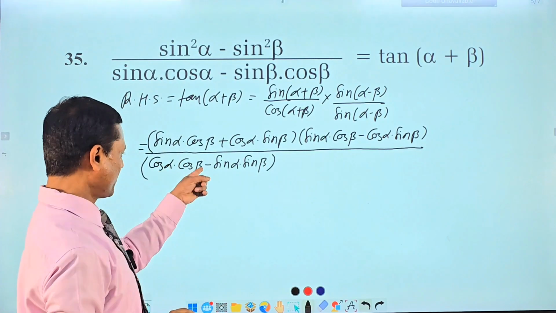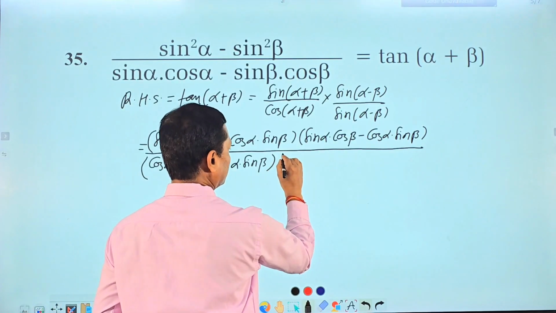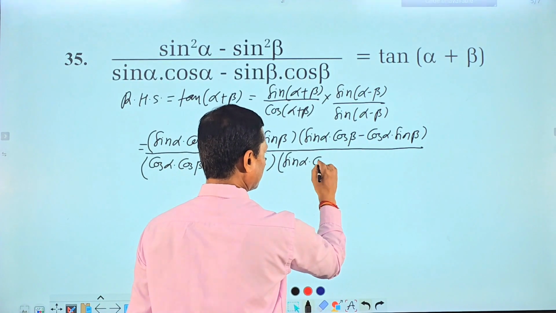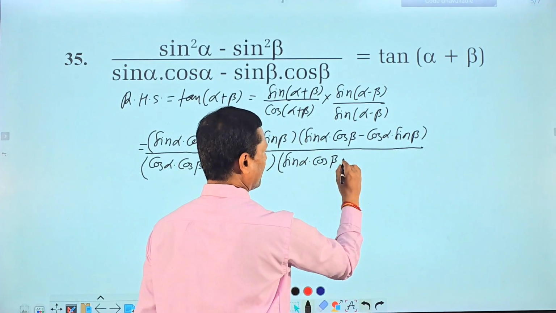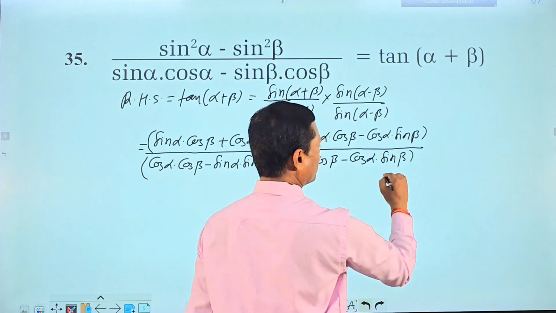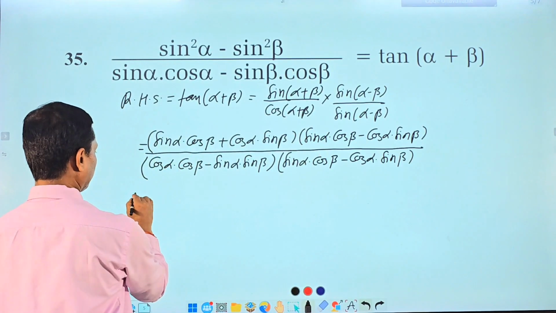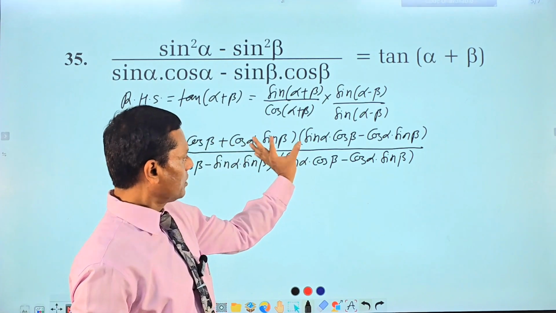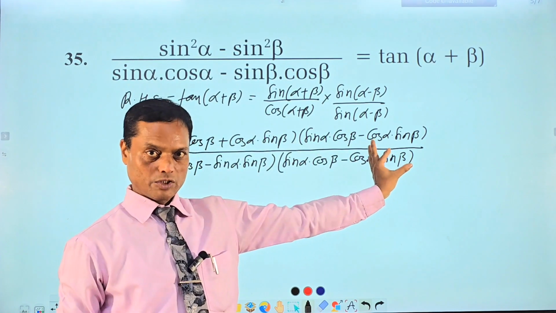Cos a plus b should have minus in the middle. Here sin a minus b means sin alpha dot cos beta minus cos alpha dot sin beta. Clearly? Okay, next one. Look at the numerator. A plus b, a minus b. Yes, a square minus b square.